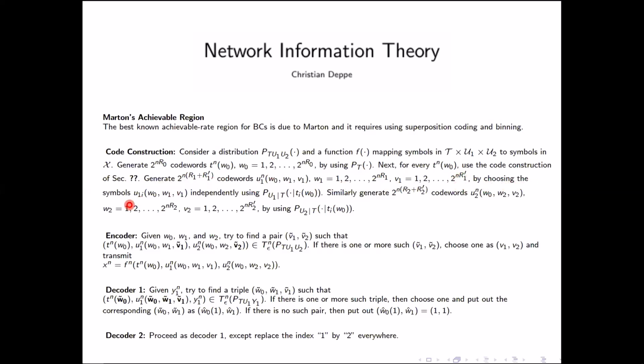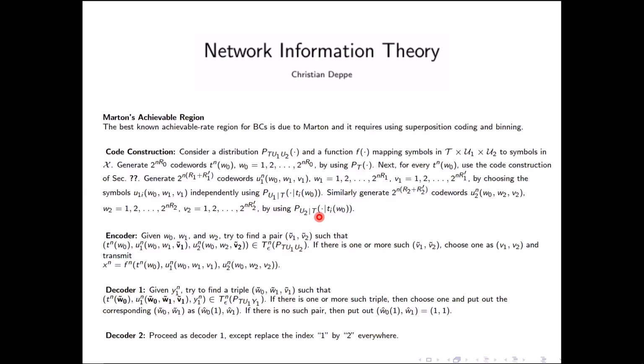By choosing the symbols U1,i(W0, W1, V1) independently by using the distribution of U1 conditional on T. In the same way, we generate 2^(n(R2+R2')) codewords U2^n of W0, W2, and V2, where W2 goes from 1 to 2^(nR2), V2 goes from 1 to 2^(nR2'), this is the size of the second bin, and by using P_U2 under the condition T.